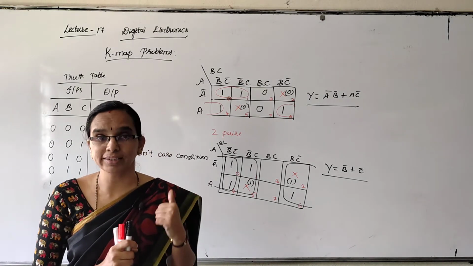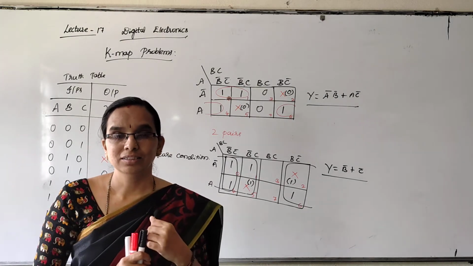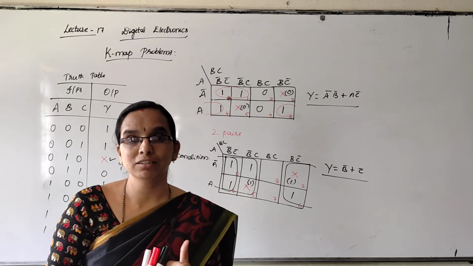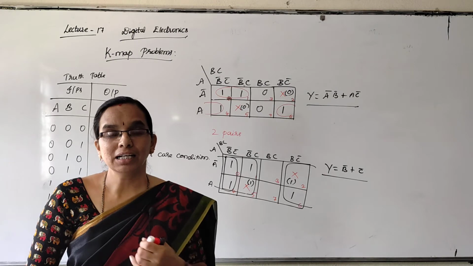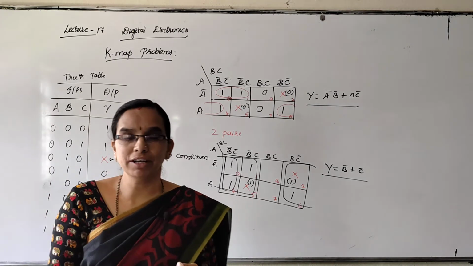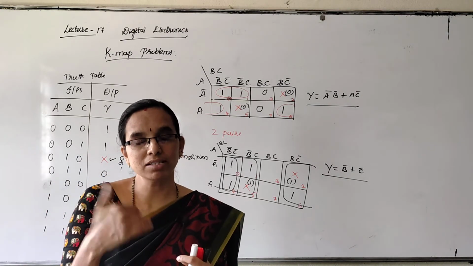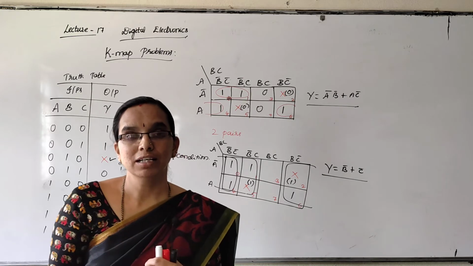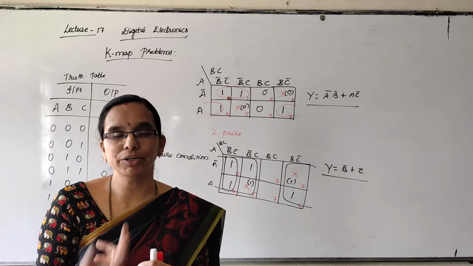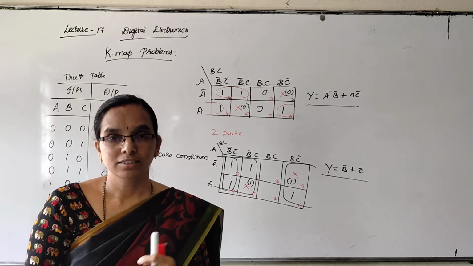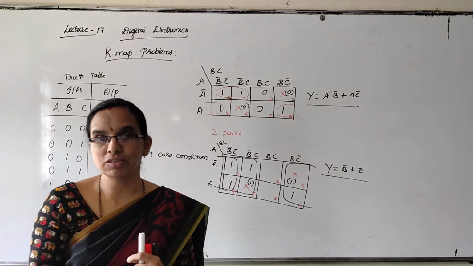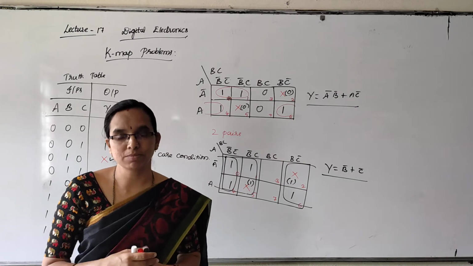If it is not convenient for me, if I consider don't care condition, that is not required for my grouping. Otherwise also I can make the simple expressions, then it is not required to consider don't care condition in my grouping. That also we will see in the next coming problems.